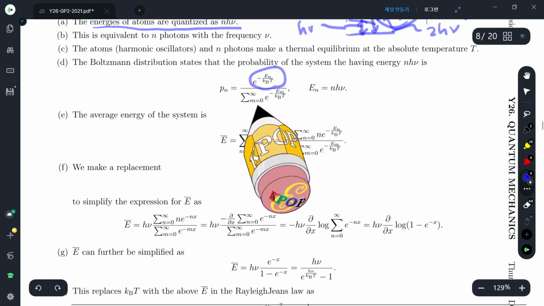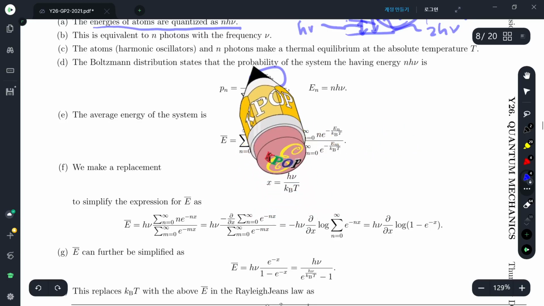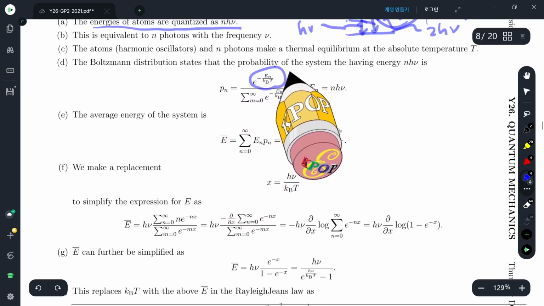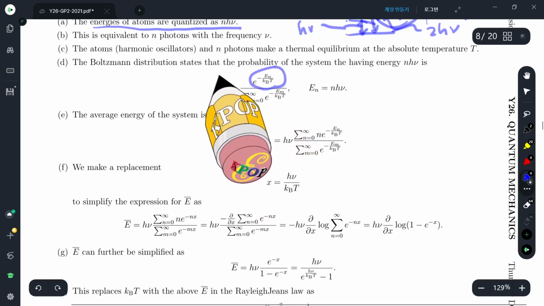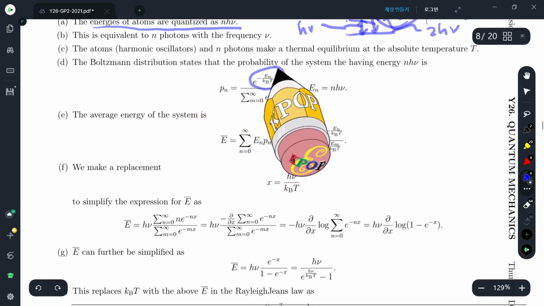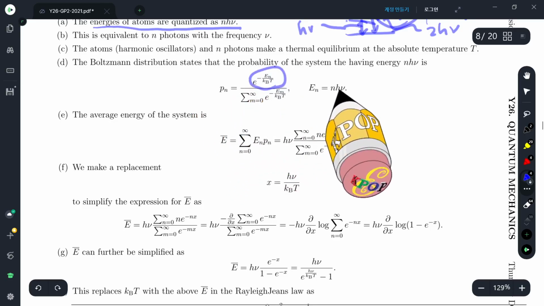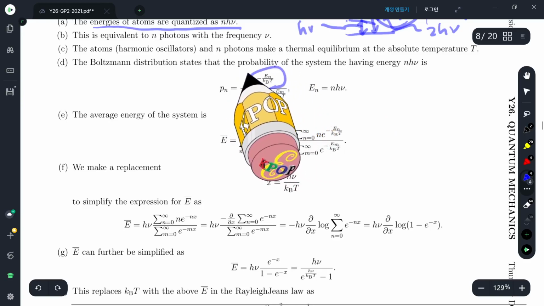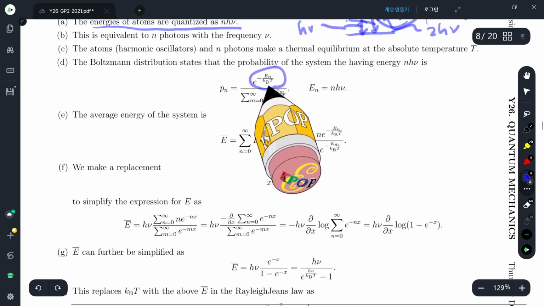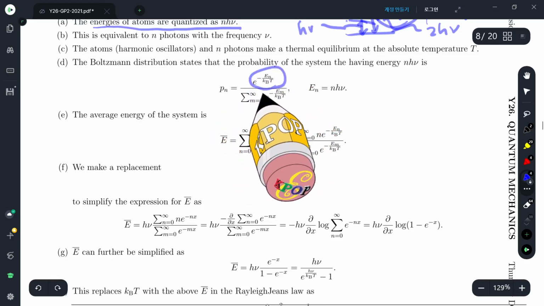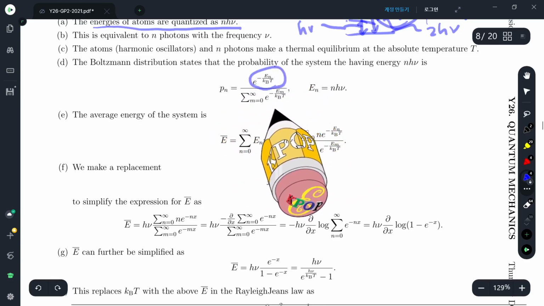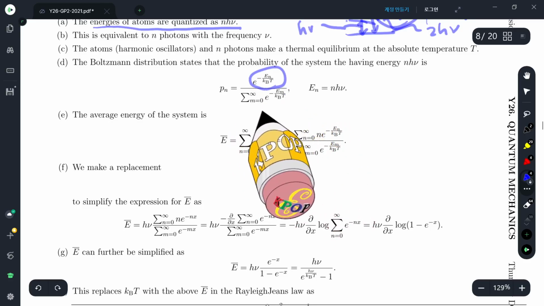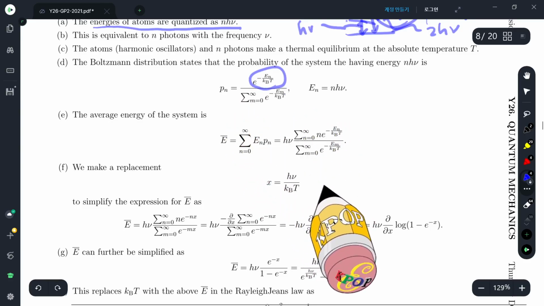Then the state has a probability density, and the absolute probability of a certain amount of energy, n h nu, can be expressed as that proportional probability density divided by the sum of all of the probability density. So this denominator gives the geometric series.